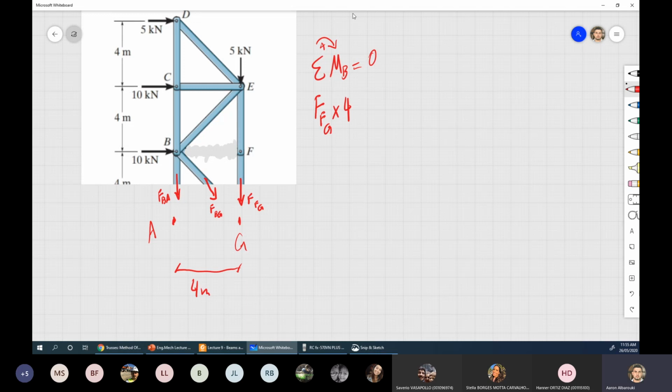And I've got 5 kilonewton, plus 5 multiplied by 4, again, this one here. And I've got another 5 kilonewton around point B, that's 8 meters, rotating clockwise, so plus 5 by 8 meters clockwise. I've got 10 kilonewtons rotating at 4, 10 by 4.